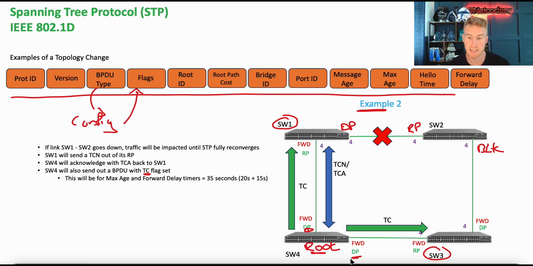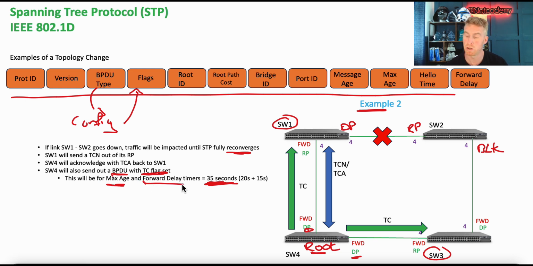Interestingly as well, the root bridge will continue to do this for 35 seconds. That doesn't mean that the convergence with such a failure is going to take 35 seconds. No, what it means is that the root bridge will continue to send out this BPDU with that topology change flag set for 35 seconds. This is due to those timers, the max age and the forward delay timer.